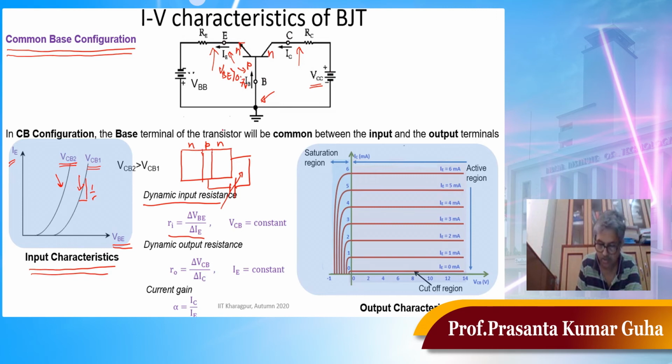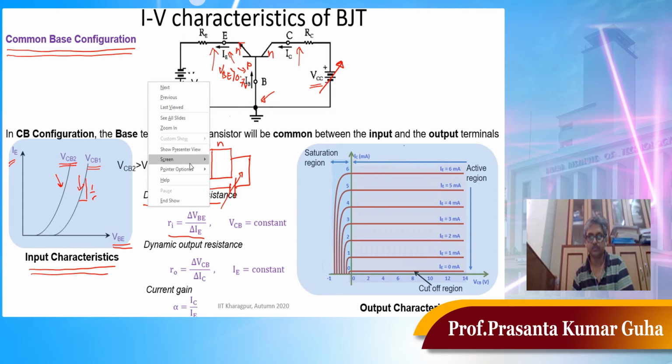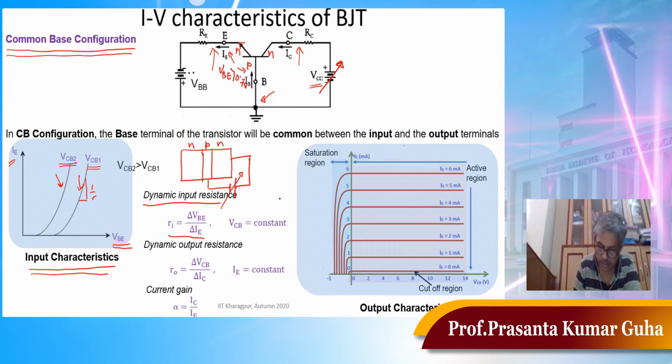The base collector junction will be more reverse biased. Because the base collector junction is reverse biased, if we increase this voltage, the junction will be even more reverse biased. Then the depletion region present here is going to increase even further, both in the base side and also in the collector side.